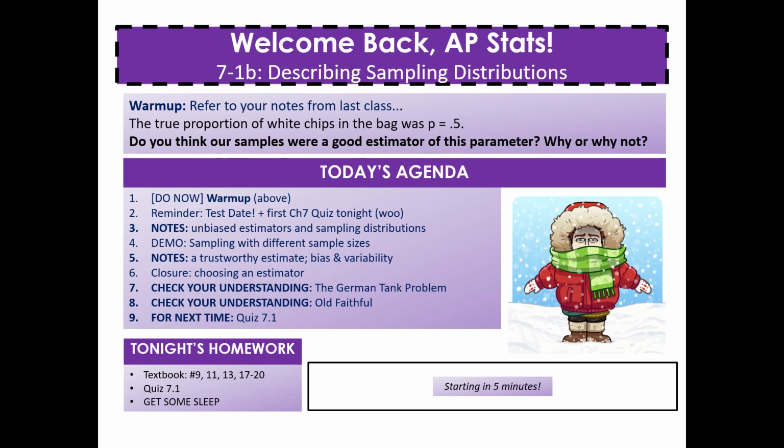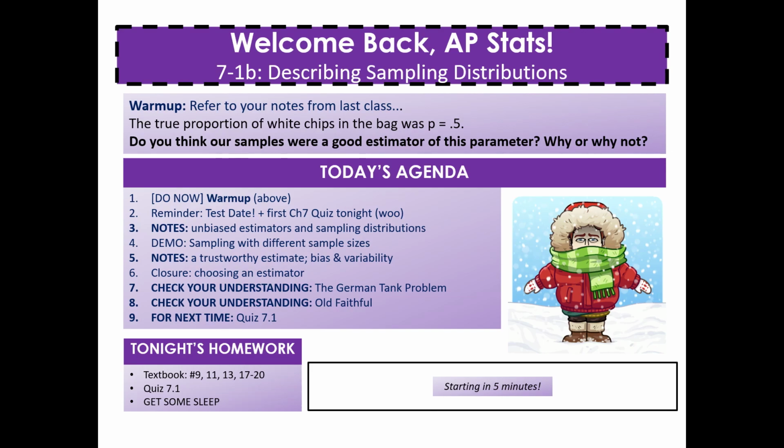I told you at the end that the true proportion of white chips in the bag was P equals 0.5. Each of your samples created a sample proportion, so we'd call each of those a P hat. When we did the histogram, we noticed that our P hats were centered right around 0.5. So this was a pretty good estimator of that parameter.